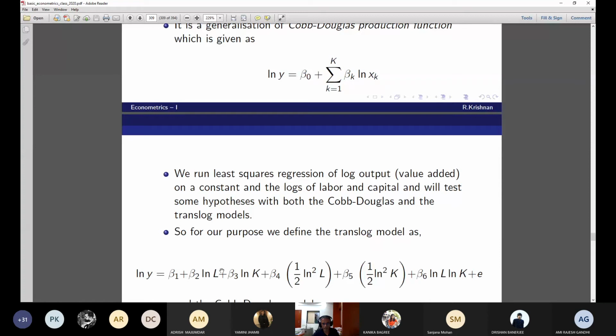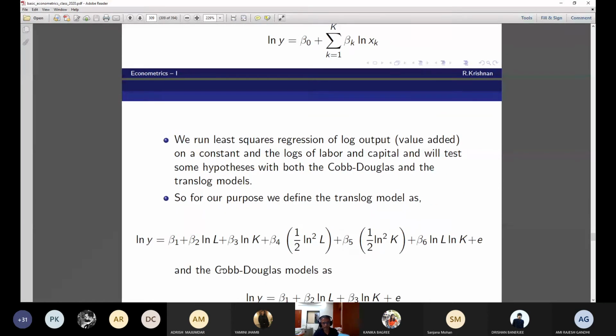This is a translog model. Okay, sir. This explains the 2 in front of the beta 6.